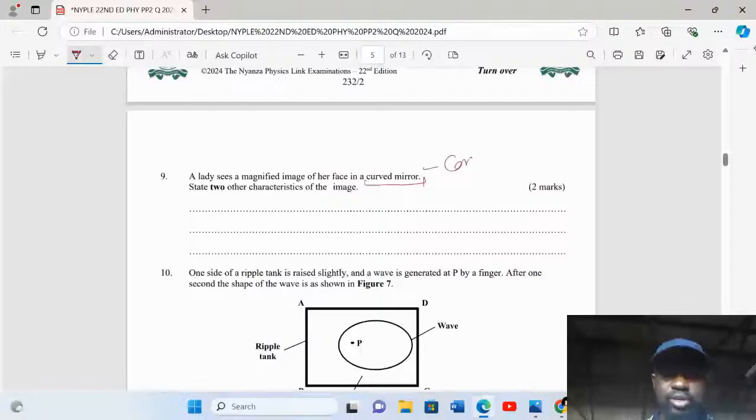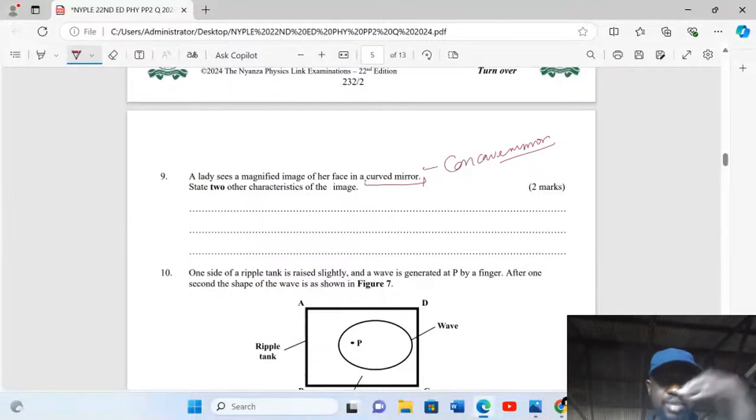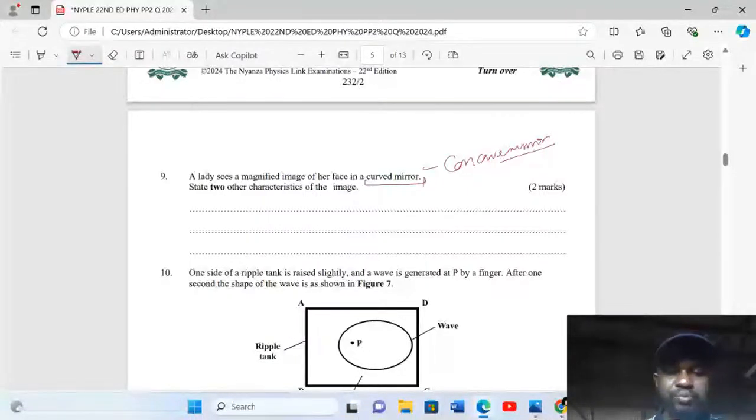We'll go for a concave mirror, since a concave mirror can only form a magnified image. Since she's looking at herself, we expect the image to be erect or upright.